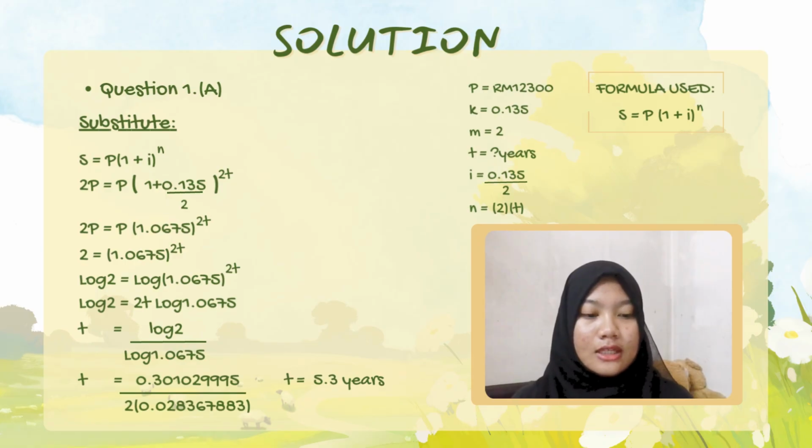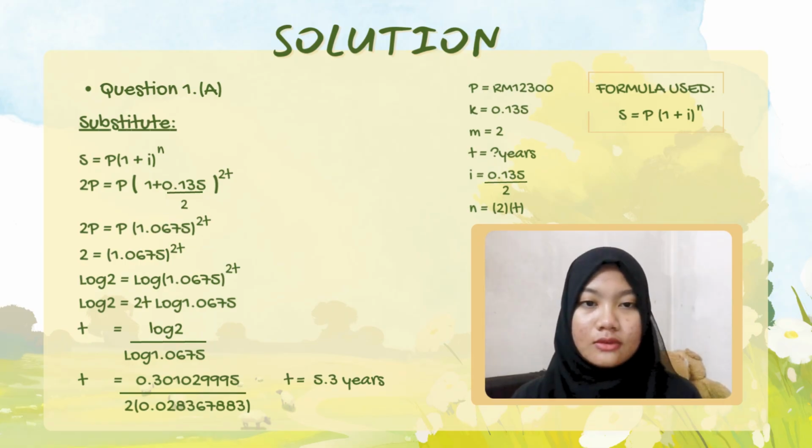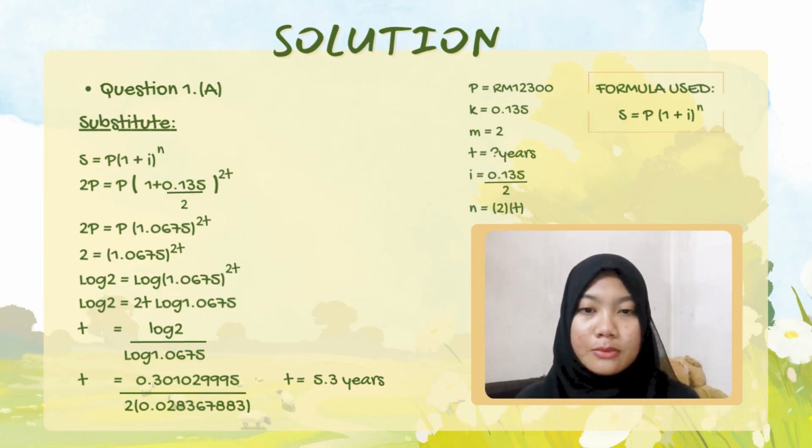The m is semi-annually, which is 2, and i is 0.135 divided by 2, and n is 2 multiplied by t. We substitute the numbers and we get 2 times 12,300 equals 12,300 in bracket 1 plus 0.135 divided by 2, in the power of 2t.